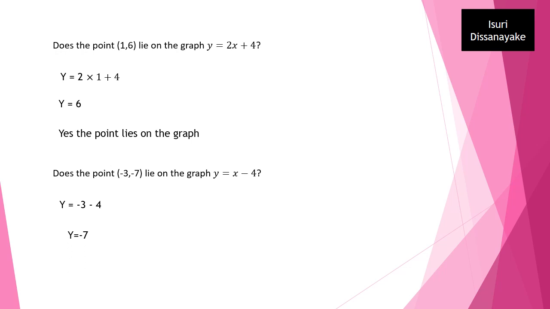So the output is y equals minus 7. So (minus 3, minus 7) is a point which lies on the straight line y equals x minus 4. So we can conclude yes, the point lies on the graph.